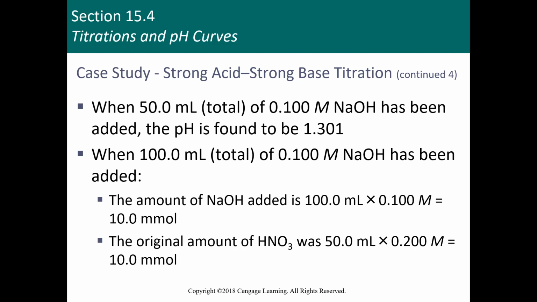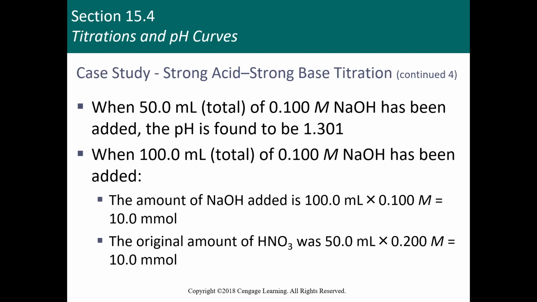So finally, we've added 50 milliliters of the 0.1 molarity NaOH. And if we do that same problem again, we're going to find the pH is now 1.3. Notice that these go up fairly slowly at first because, again, each pH unit is a factor of 10 change in concentration, right?